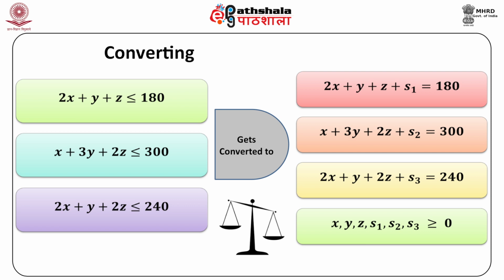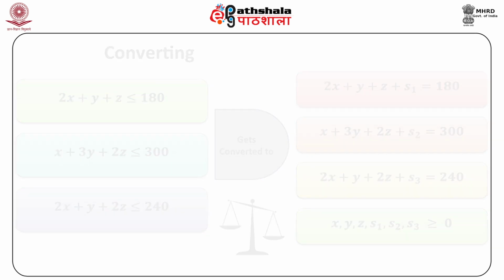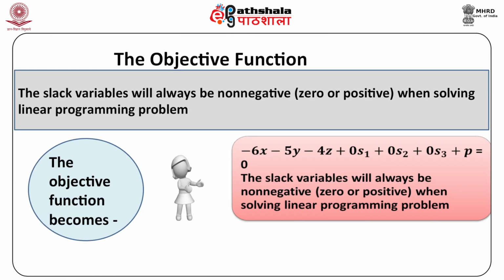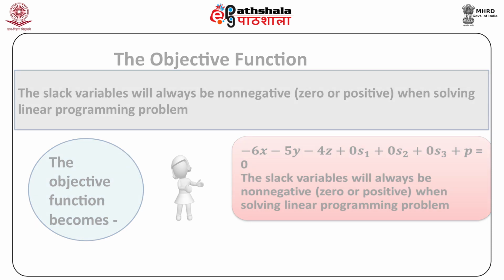And 2x plus y plus 2z plus s3 is equal to 240, where x, y, z, s1, s2 and s3 are all greater than or equal to 0. The objective function becomes minus 6x minus 5y minus 4z plus 0s1 plus 0s2 plus 0s3 plus p is equal to 0. The slack variables will always be non-negative, 0 or positive, when solving linear programming problems.